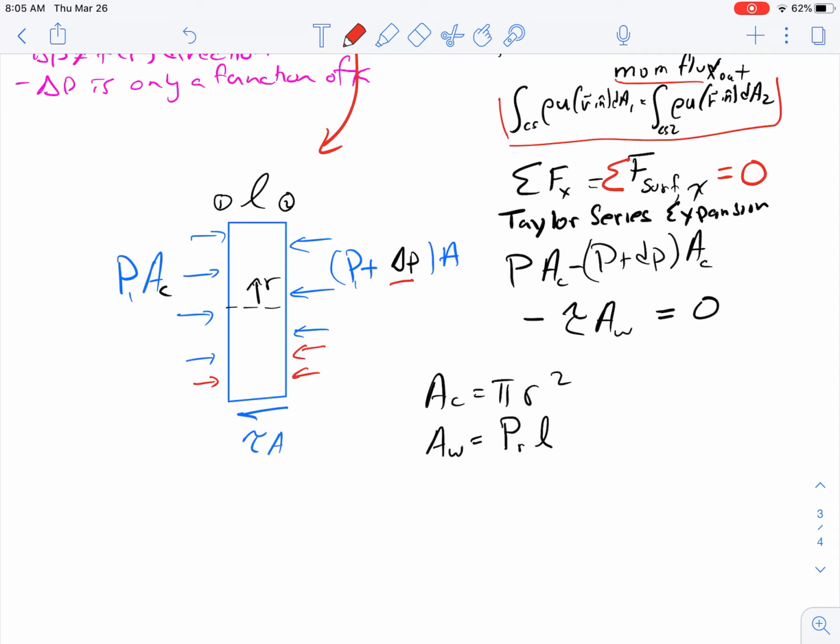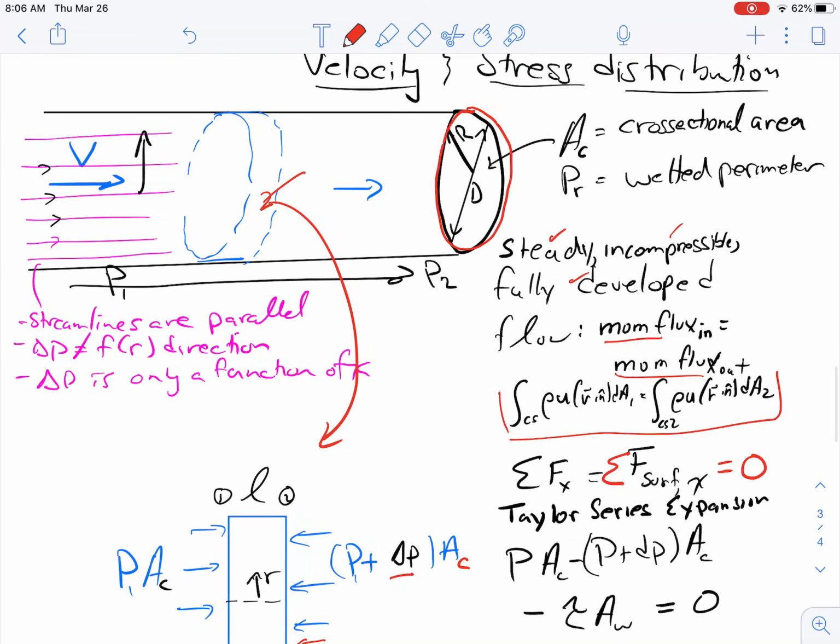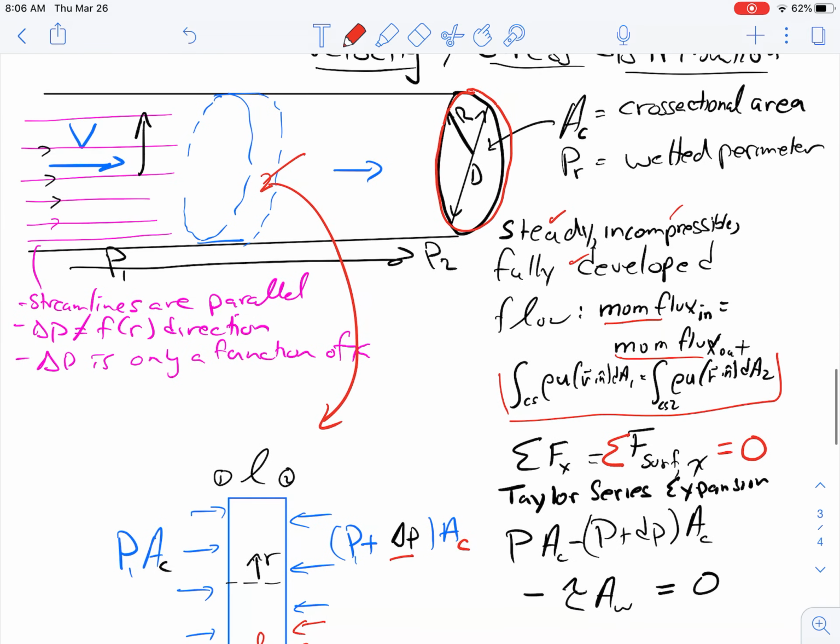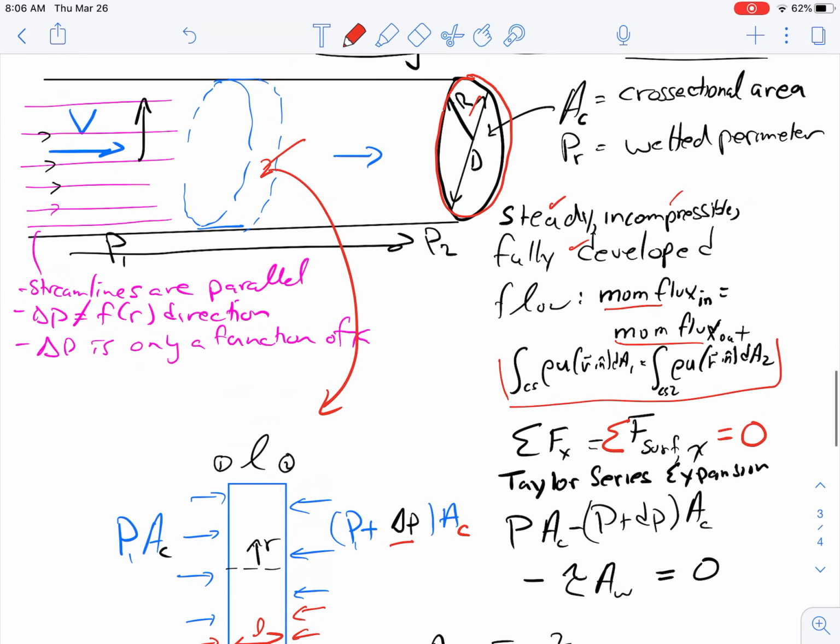pressure, delta P, times our cross-sectional area, and it's going to be acting over some distance here that we called L. And the cross-sectional area is again this area that we looked at here that's associated with the circumference, and then the cross-sectional area where the flow comes through.